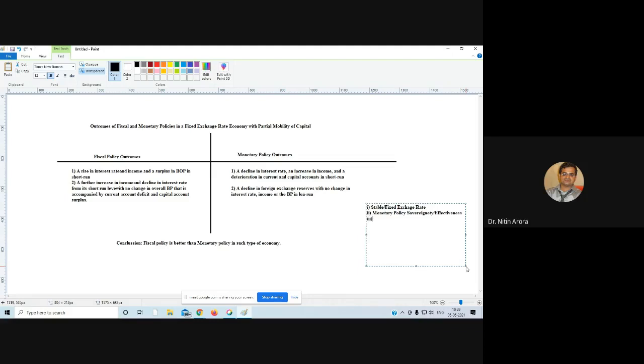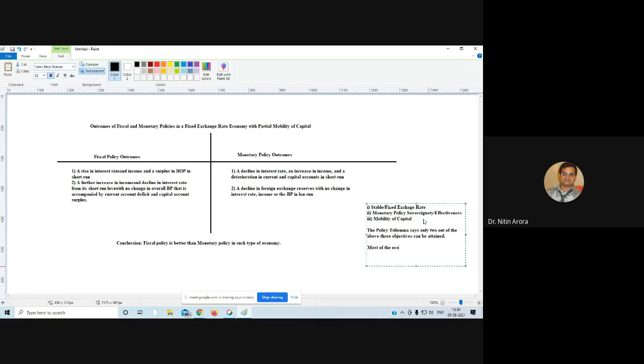And number three, obviously, mobility of capital. So the policy trilemma says that only two out of the above three objectives can be attained. Okay, right?